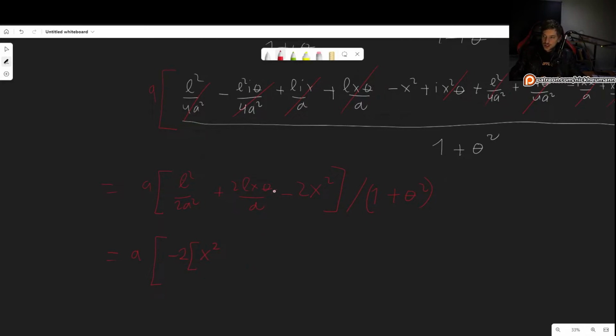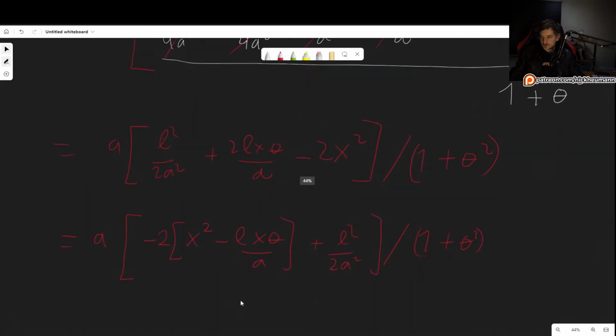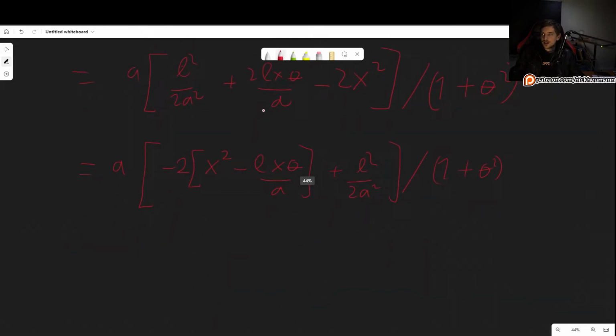And let's also do it here with the x. So we get minus L x theta over a. And everything else remains the same for now. L squared over 2a squared divided by 1 plus theta squared. Okay, and now let's complete this square.